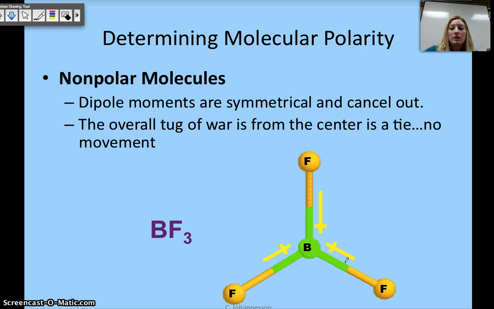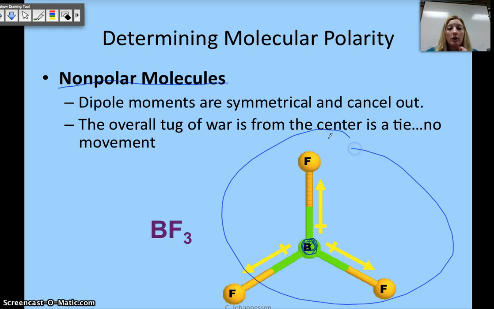If we think about all of these bonds between boron and fluorine being polar, they're all being pulled out. And if we think of this as one big tug-of-war from our center atom, this molecule wouldn't move. There wouldn't be an overall winner. And whenever there's no winner, it's a nonpolar molecule, even though it has polar bonds, because there's no overall pull of electrons in that molecule.